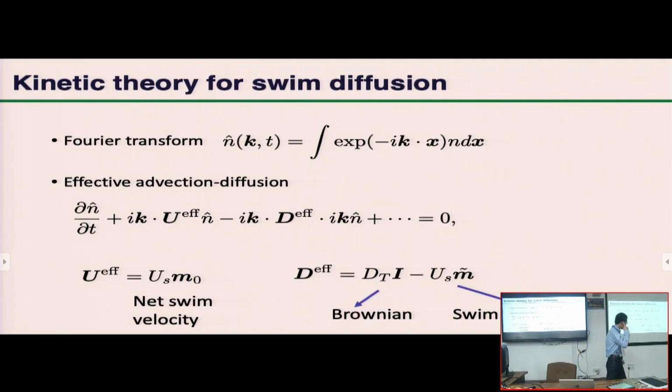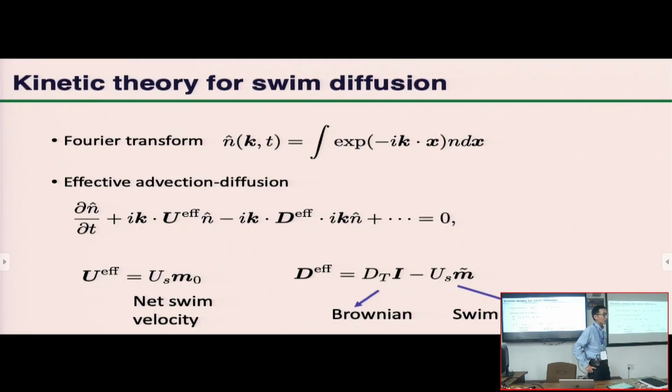It's also nice that we have this structure for the effective diffusivity. It has two terms. One is the Brownian value, which is isotropic, multiplied by the identity tensor. The second part still has the swim speed, but it's modified by m tilde.